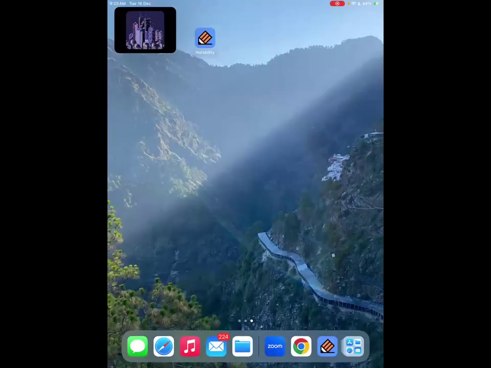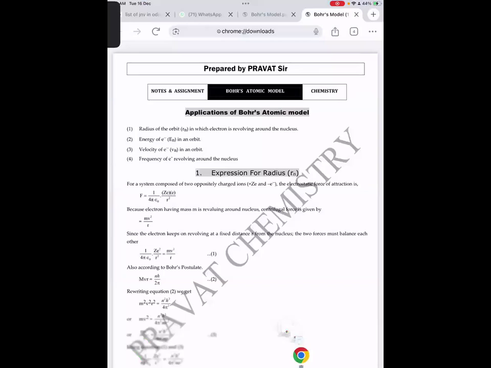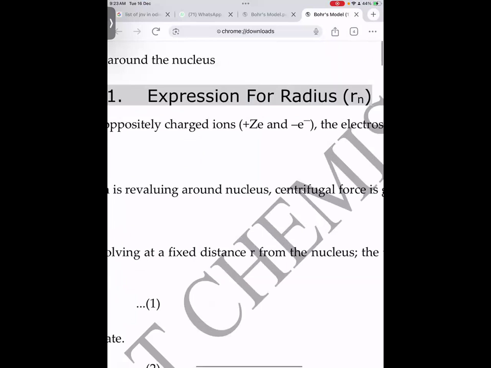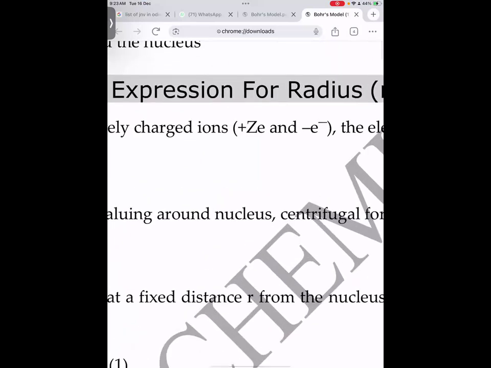So now you can see how to find the formula for the radius of the orbit. For a system composed of two oppositely charged particles, Ze and e, Ze stands for the charge of the nucleus, Z protons and e the charge of a proton, and the charge of the electron is the same.